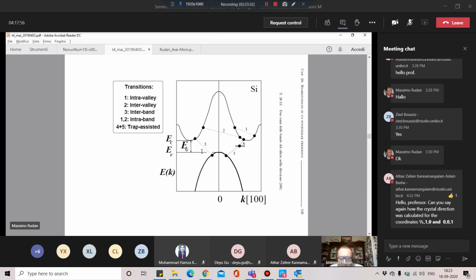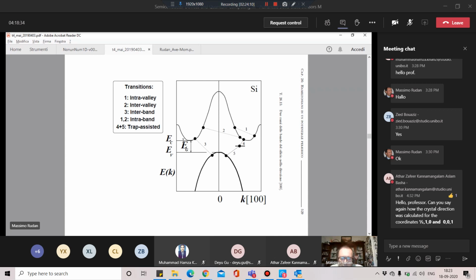Another issue is that since the branches are periodic, of course, they must have absolute maxima and absolute minima. So the lower branch has, as you can see, an absolute maximum, and its value is called EV here. The upper branch of the figure has two absolute minima.